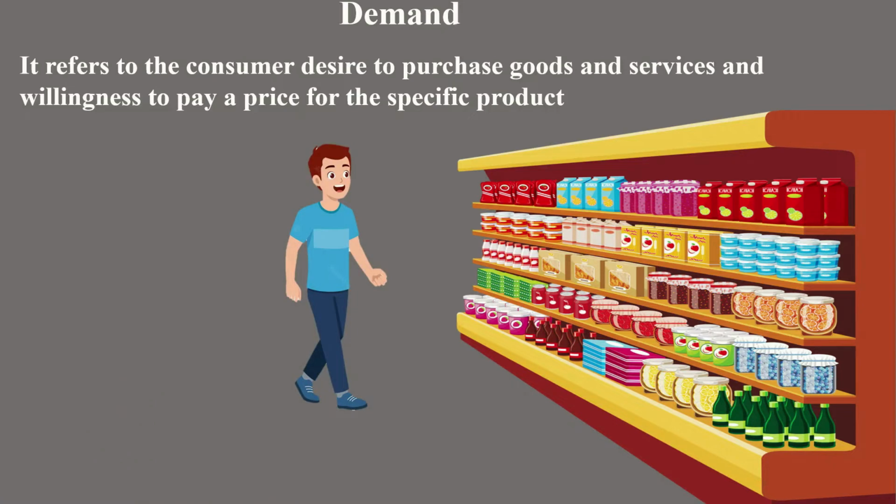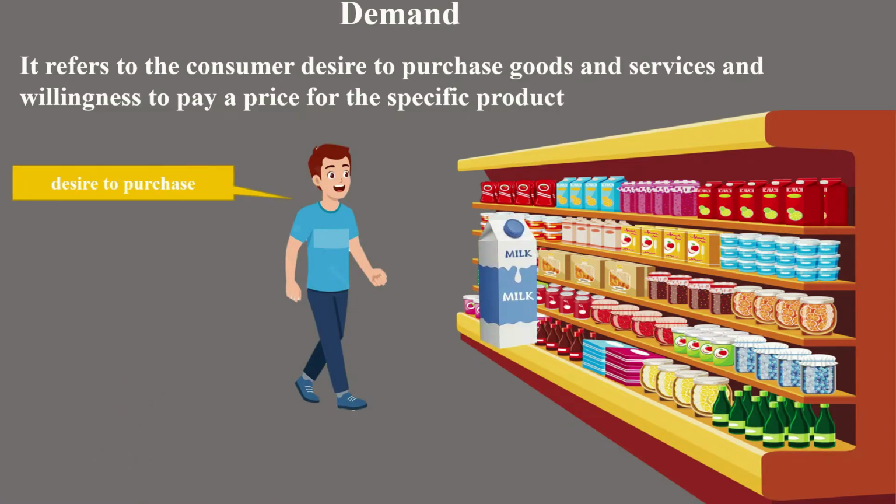If a person wants to buy goods, for example milk, the first condition is he should have a desire to purchase that particular product. The second one is he should be willing to pay a specific price for this product. If the two conditions are satisfied, it will be considered as effective demand.